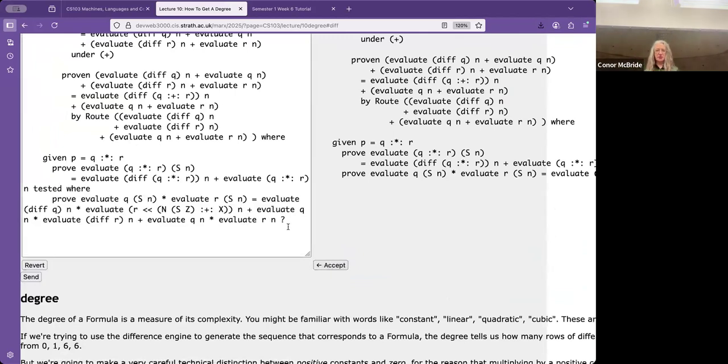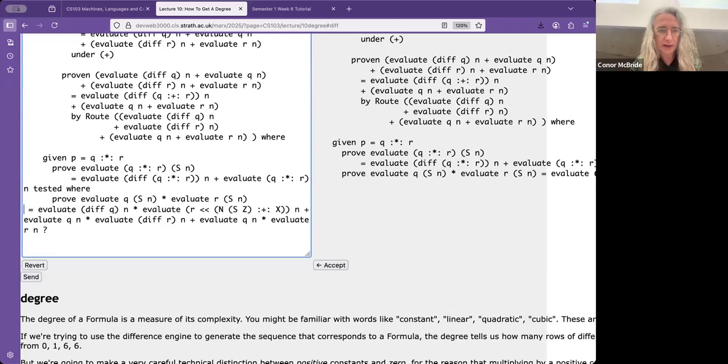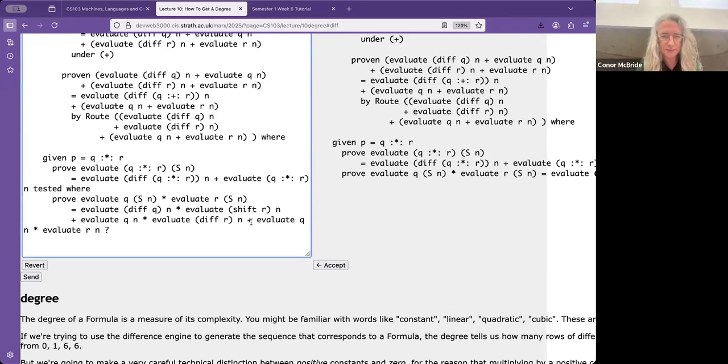Right. So what happened here? Annoyingly, ask keeps expanding shift R. So we've got this business.